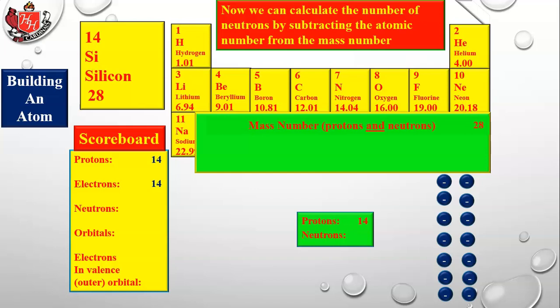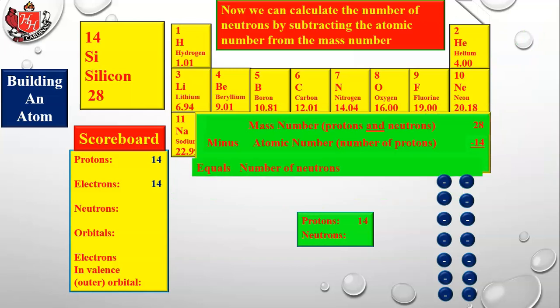So you see that appear in the green box there. Minus the atomic number, and that's the number of protons. We've said that already. So that's going to be 14. And what you come up with is 28 minus 14 is the number of neutrons, and that's 14.